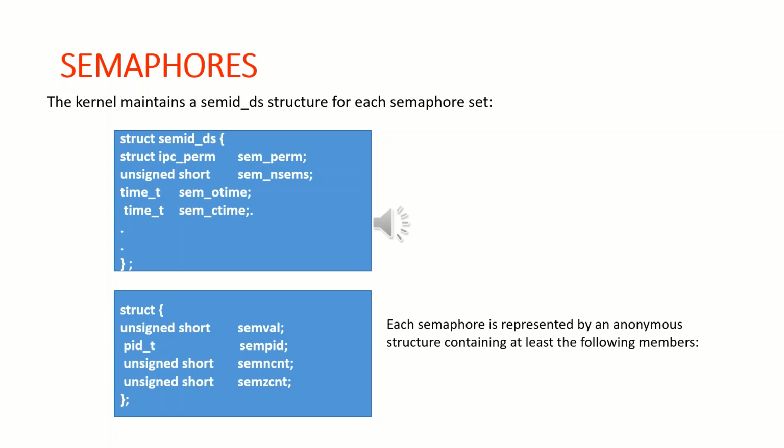The maximum value of any semaphore's adjust-on-exit value is 16,384 for FreeBSD, Linux is 2 bytes, and Mac and Solaris are 16,384; except for Linux, the remaining all follow the same pattern. The maximum number of semaphore sets system-wide also contains some values. We can share this table and then I will explain it once again.